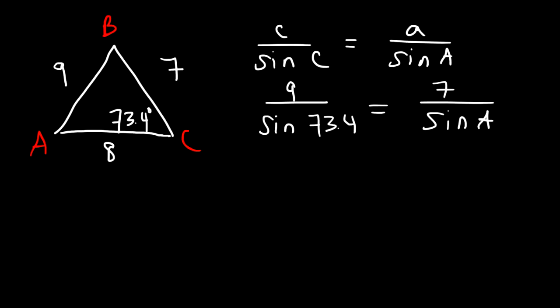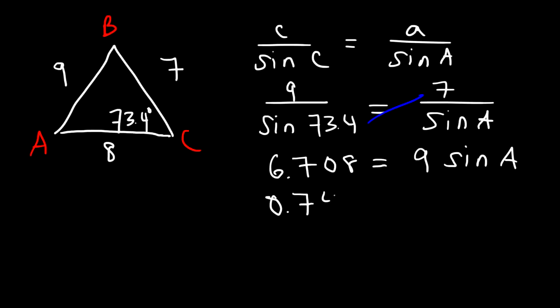Now let's cross multiply. 7 times sine 73.4, that's about 6.708, and that's equal to 9 times sine A. So 6.708 divided by 9, that's about 0.7453.